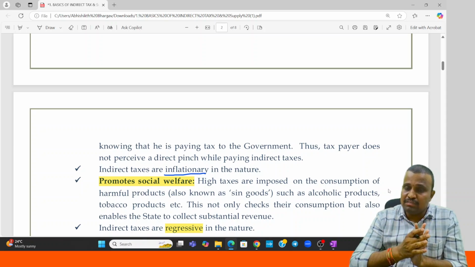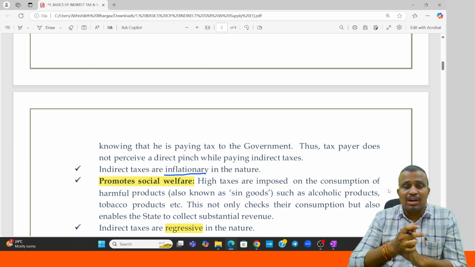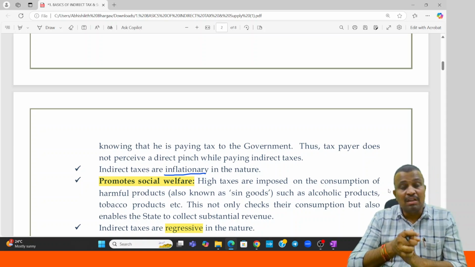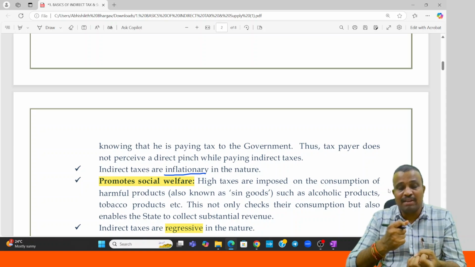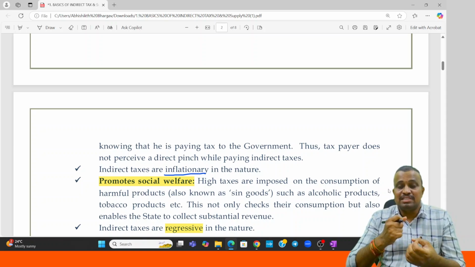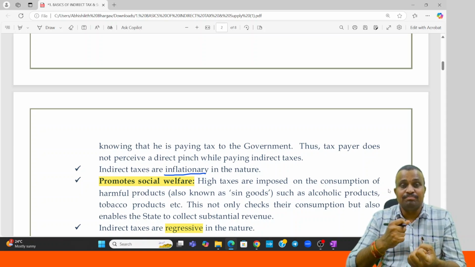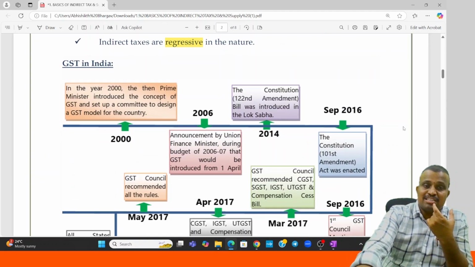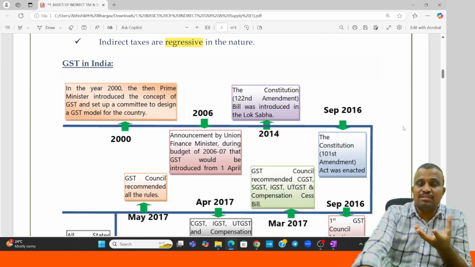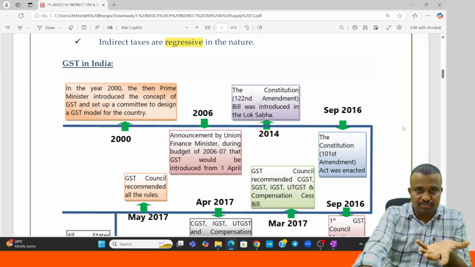Another, indirect taxes do not have any direct pinch on the taxpayer, who pays the tax to the government without knowing it. Indirect taxes also promote the welfare of the public by increasing the tax rates on sin products. And indirect taxes are regressive in nature, so irrespective of the income earned, they are levied by the government.